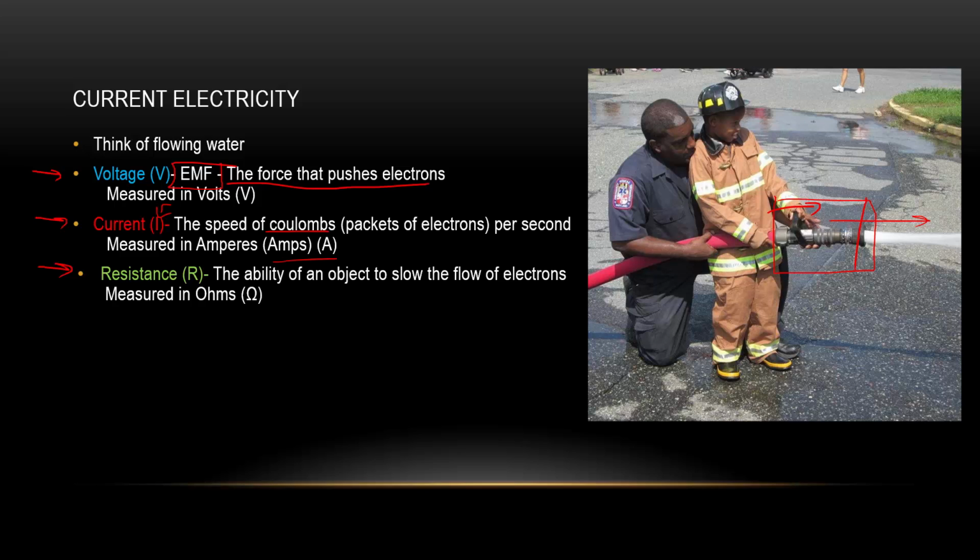Some of the water is going to get through, but some of it's going to get blocked. And the resistance in electricity would be things that you plug into your outlets. So resistance could be things like the microphone I'm using to talk to you right now, a light bulb, a fan, whatever. Things that you actually are plugging in that you need the electrons for. Okay, and they are measured in ohms, and the unit for that is the Greek symbol omega.